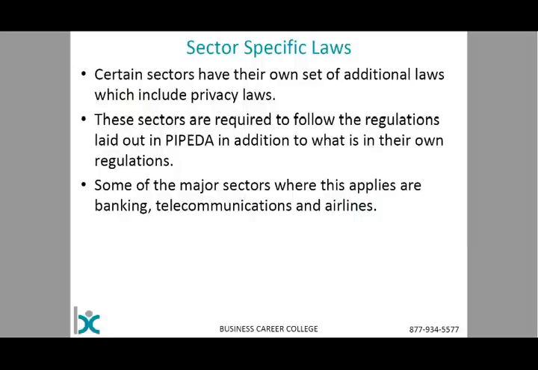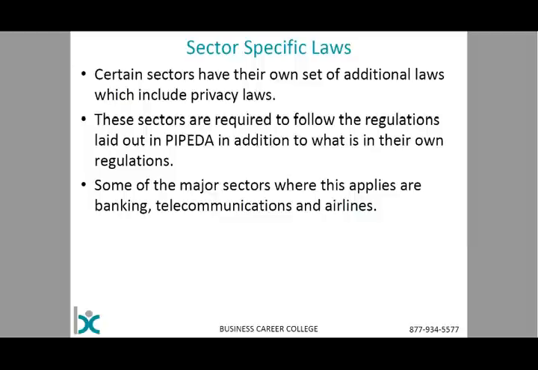The sector-specific laws could be federal regulation or provincial regulation, depending on the type of organization that we're looking at. So, for example, the Federal Bank Act regulates many aspects of banking for federally regulated banks. So typically there we'd be looking at the big five banks in Canada, but it does govern any federally regulated bank by the same regulations.